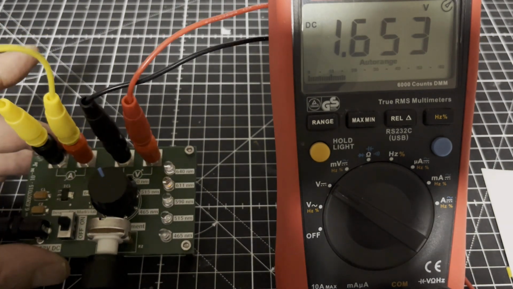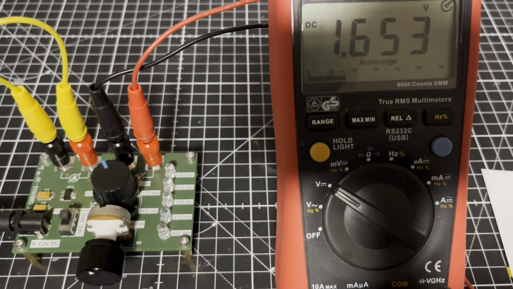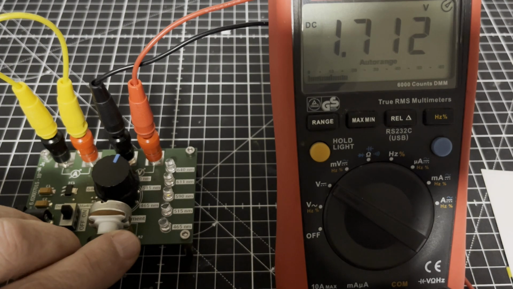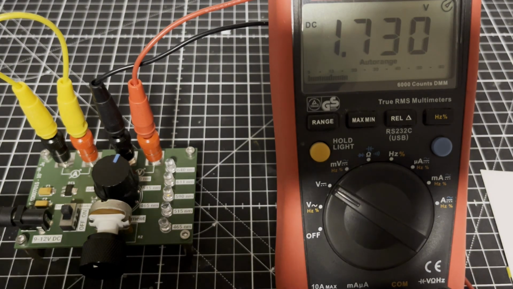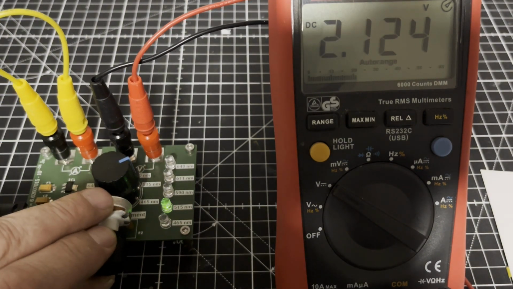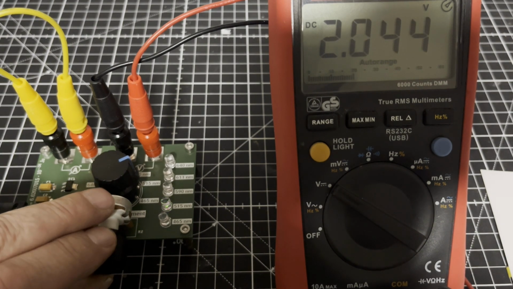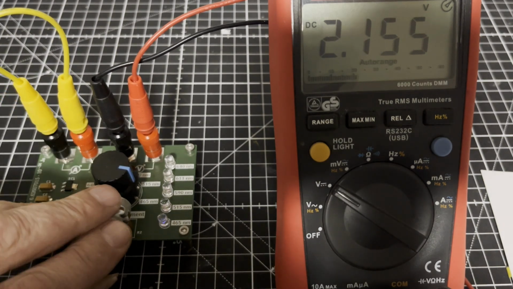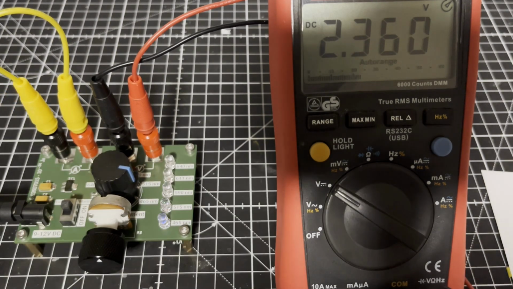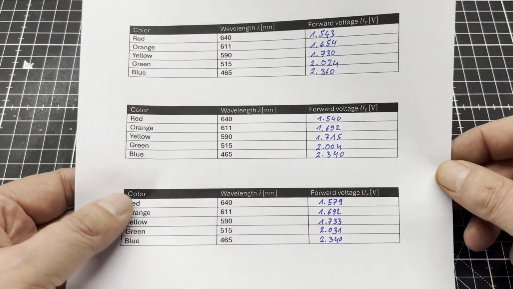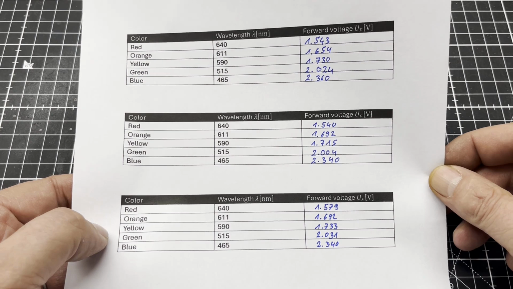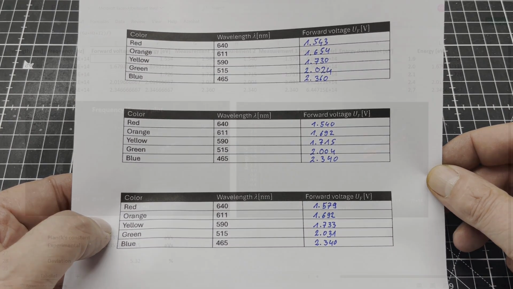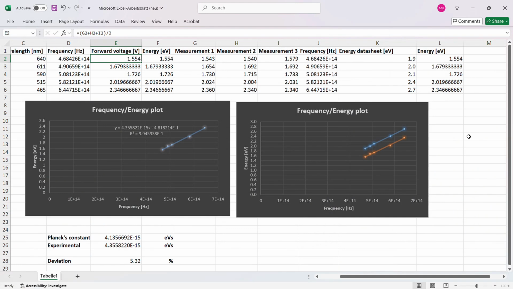The measured voltages are then noted on a prepared sheet. In total, I carried out the measurements on each LED 3 times. I then analyzed the data in Excel.